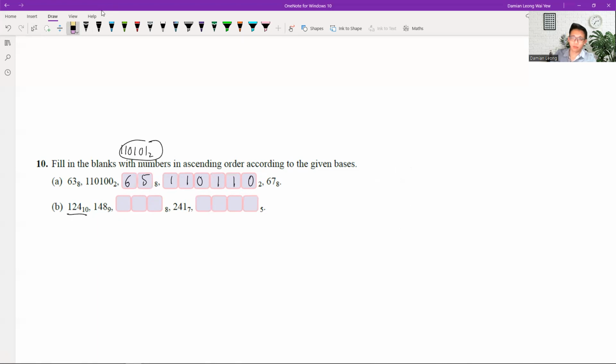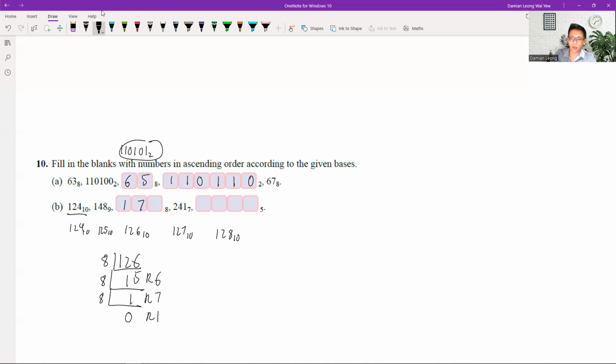So next one, here 124, base 10. So it's 125 in base 10, 126 in base 10, 127 in base 10, and 128 in base 10. So just convert 126 to base 8, 128 to base 5. So 126 to base 8, divide by 8, 15, remainder 6, divide by 8, 1, remainder 7, divide by 8, 0, remainder 1.